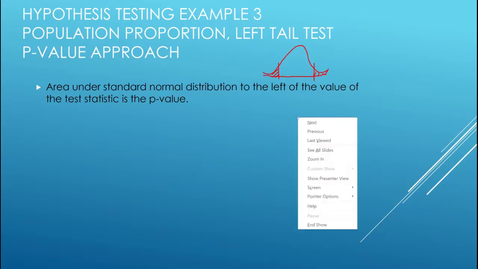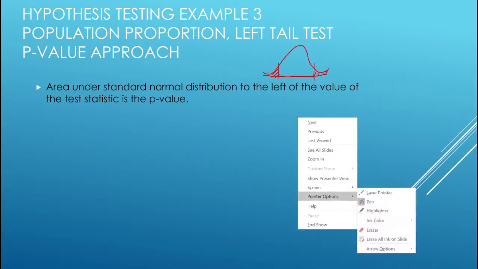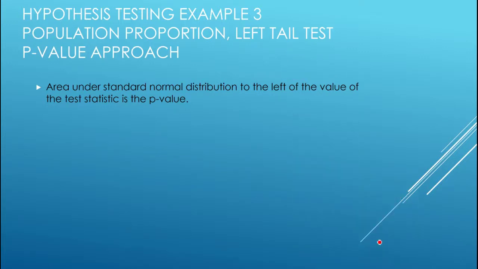And now in this case, we're going to look at the p-value, because it's a left-tailed test. We're going to look at it as the area that's left over to the left only of our test statistic.